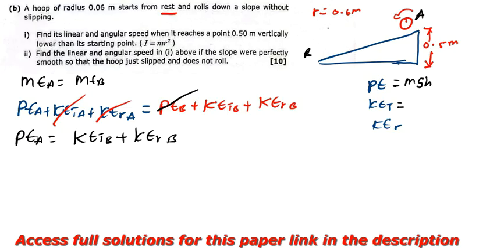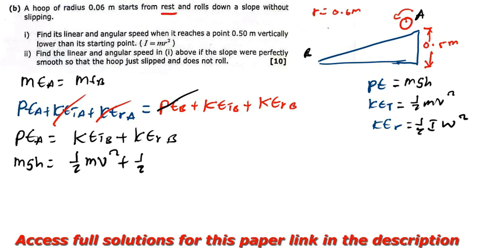Translational kinetic energy is half mv squared. Rotational kinetic energy is given by half inertia times angular velocity squared. Let's plug in the values here. Potential energy is mgh. This is going to be given by half mv squared. Then this is given by half inertia times angular velocity squared. We do not have m, and we can clearly see that m cancels.